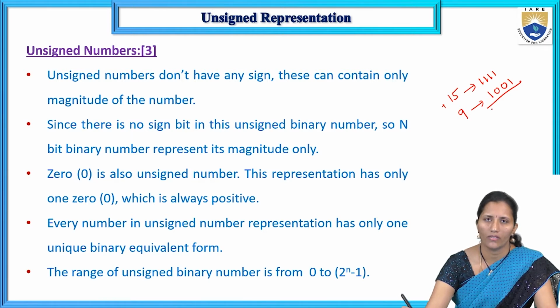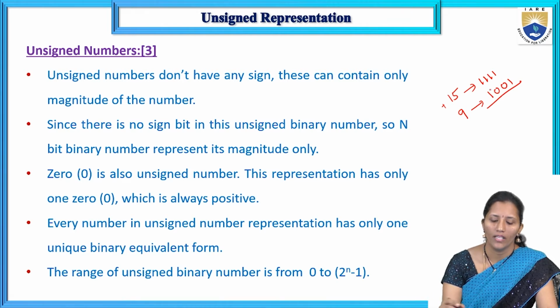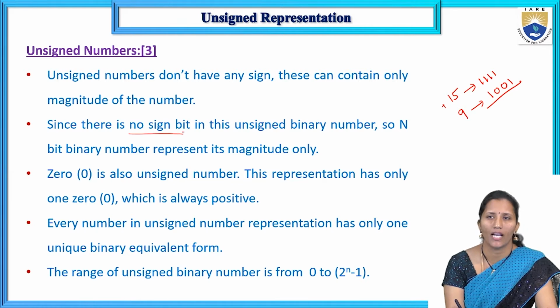Only positive values are represented in the unsigned number system. Since there is no sign bit in this unsigned binary number, an n-bit binary number represents its magnitude only.